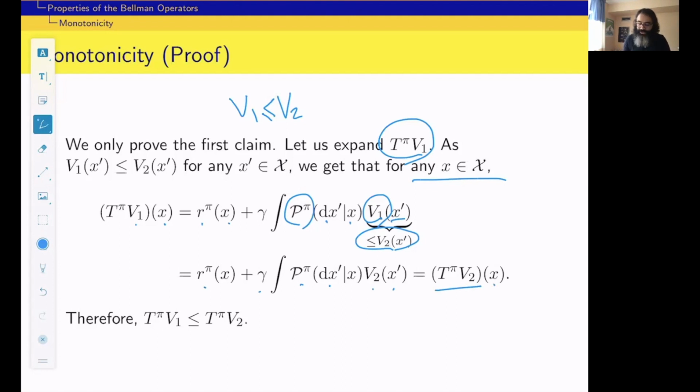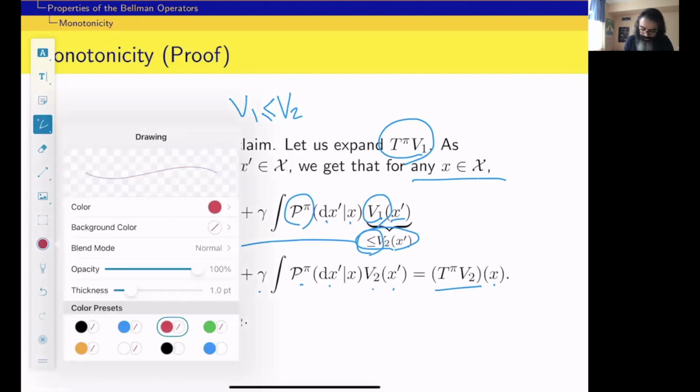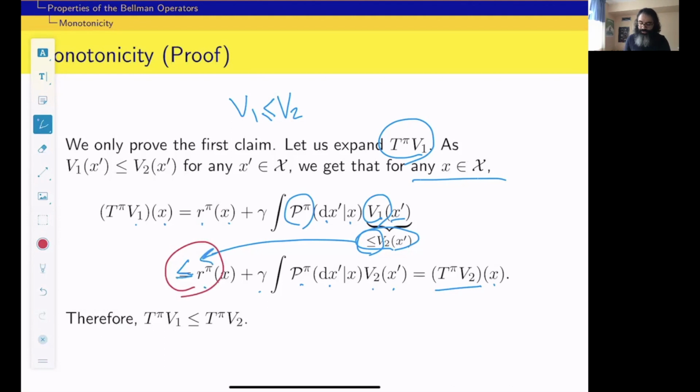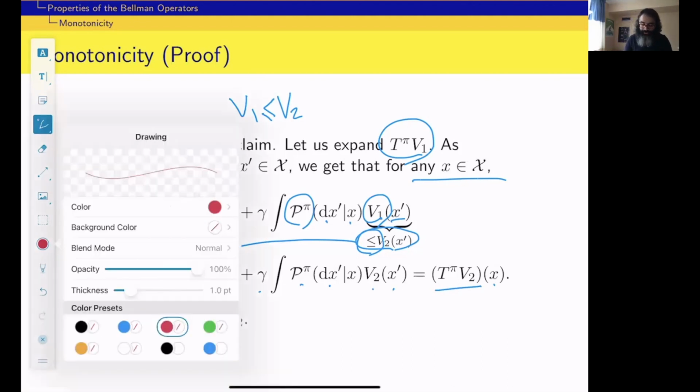There is a small mistake here: when I have the smaller inequality, it should be a smaller-or-equal inequality. So we have inequality at these points.